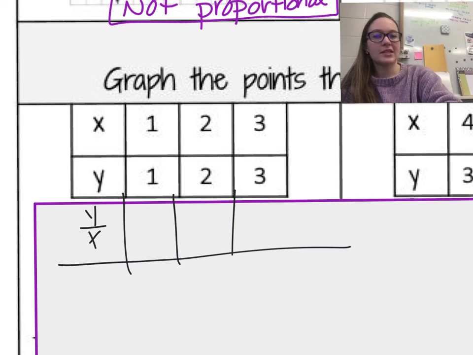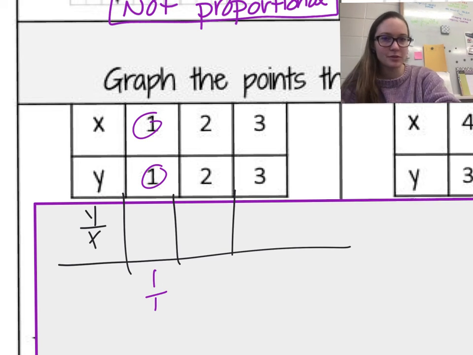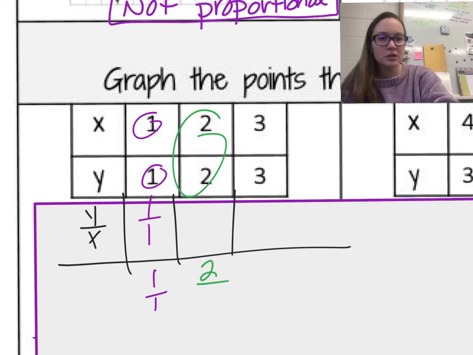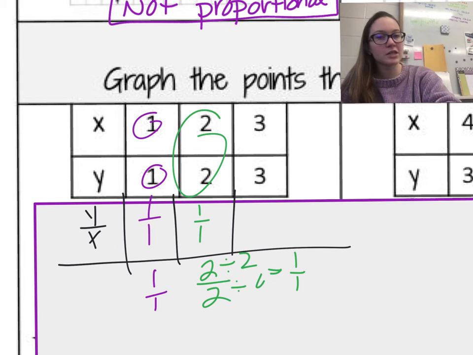Okay? So, I'm going to take my y value 1 over my x value of 1. That one's already reduced, 1 over 1. Okay, for this point, my y value is 2 over my x value of 2. I need to reduce it. I can divide these both by 2. Get 1 over 1. So far they're the same, but we gotta check our last one.